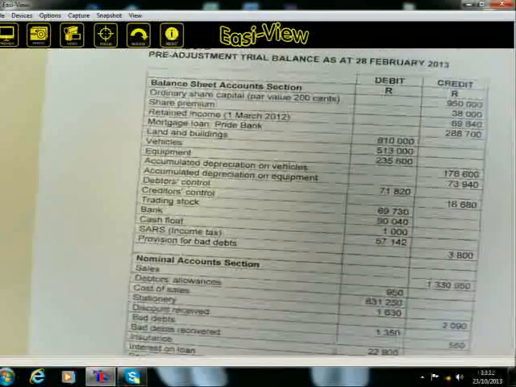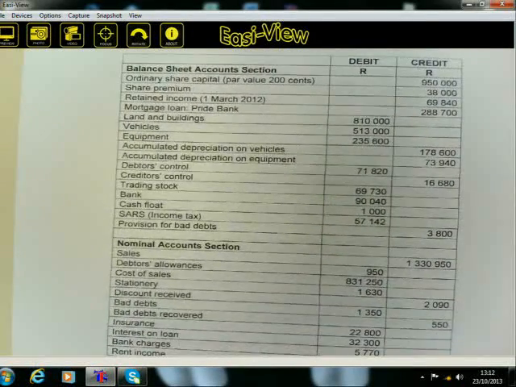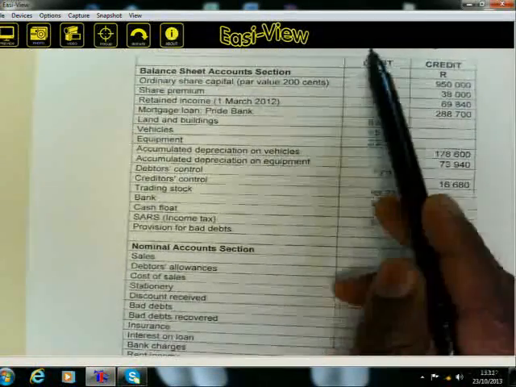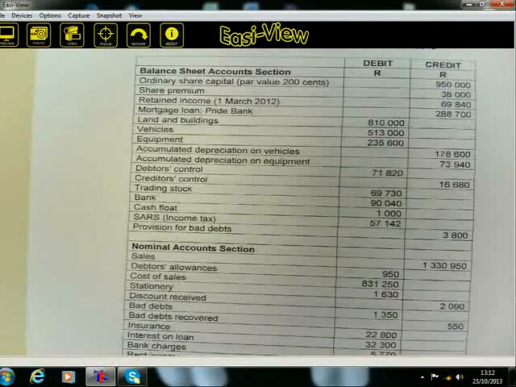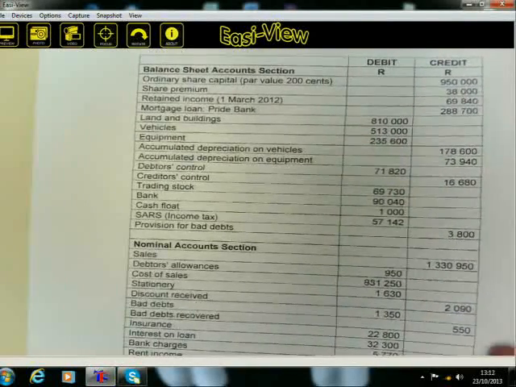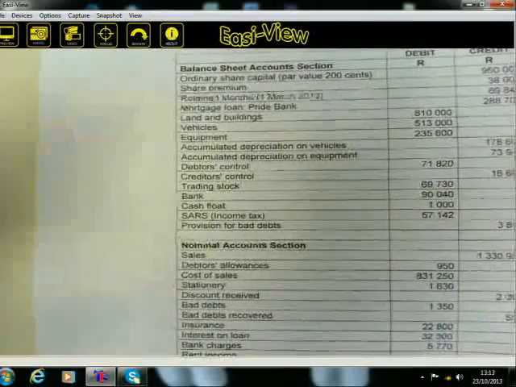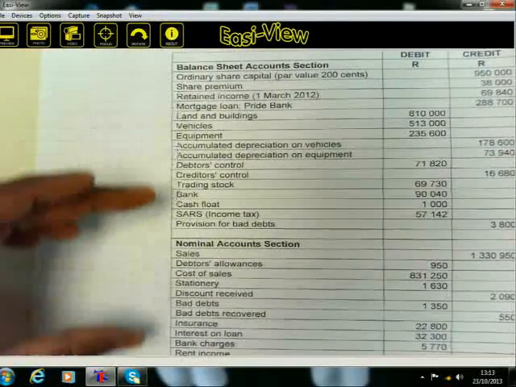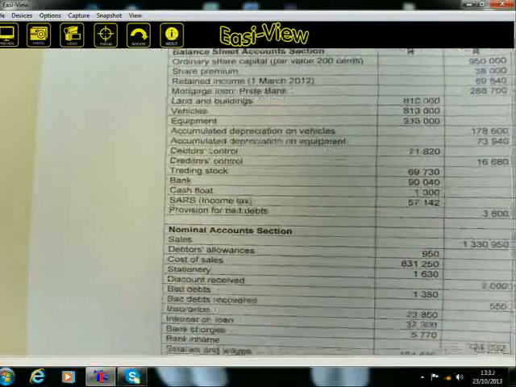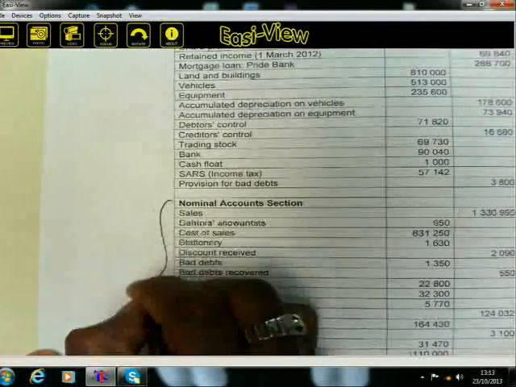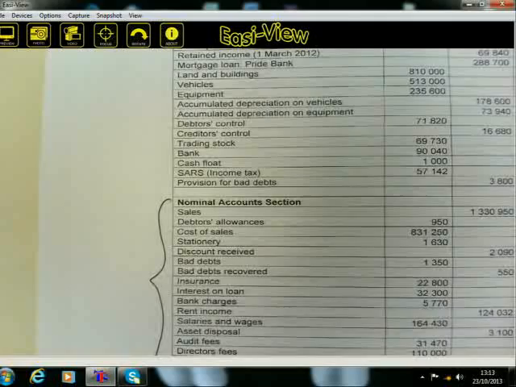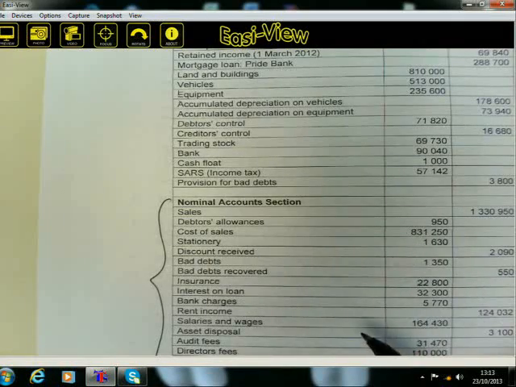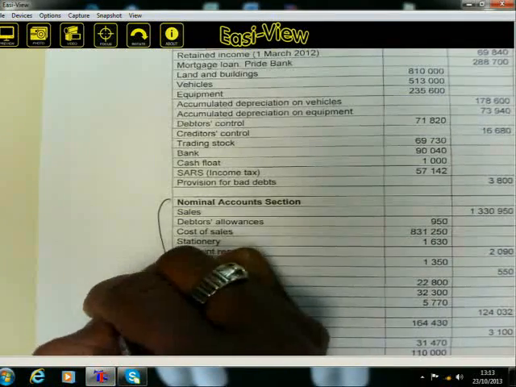We are provided with the pre-adjustment trial balance as at the 28th of February 2013. Fortunately, the section has been divided. We have the balance sheet account section and the nominal account section. And remember, I said we are going to use the nominal account section to prepare the income statement.